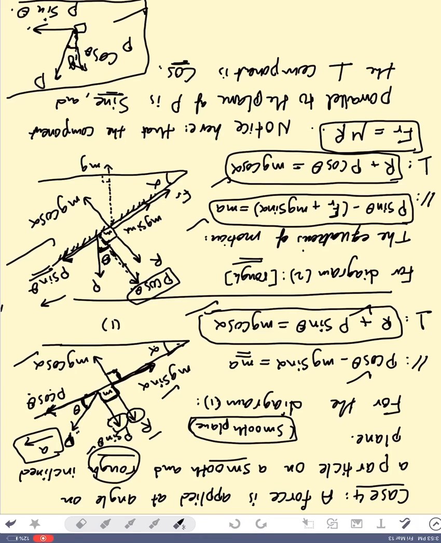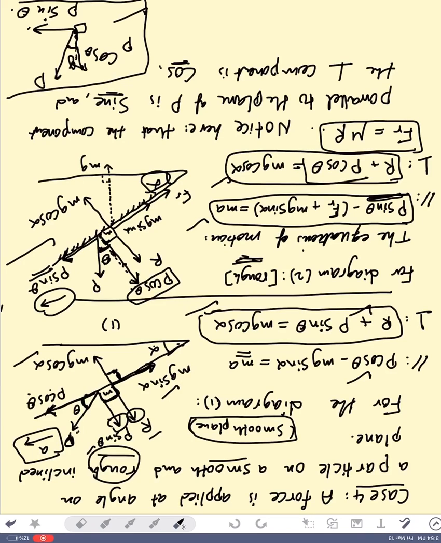This is P sine theta. And the particle is moving up the plane. So P sine theta in this case is the main force, minus mg sine alpha plus Fr, because the plane is rough, is equal to ma.